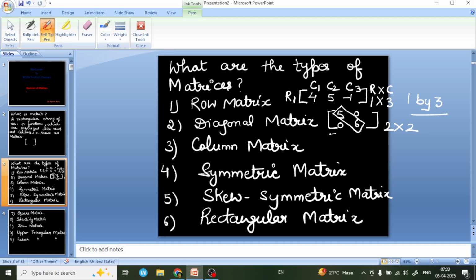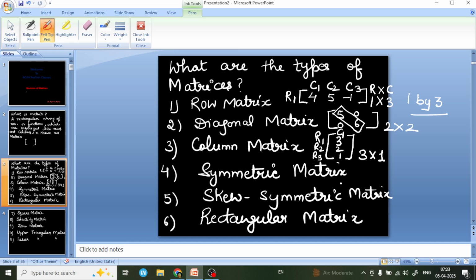And in a column matrix, the column will be only 1, but rows will be multiple: row 1, row 2, row 3. It's your choice how many rows you want to take. 3, 2, 1. You can see that here there are 3 rows and 1 column, that is a column matrix.